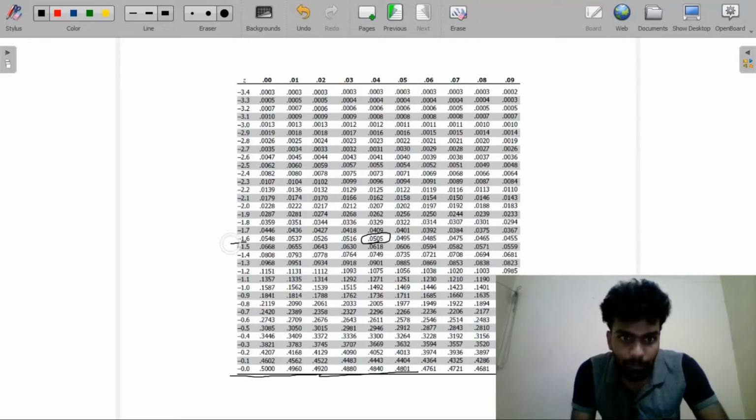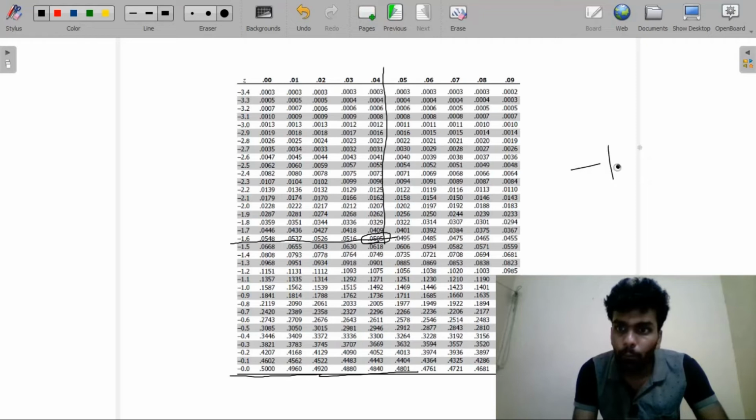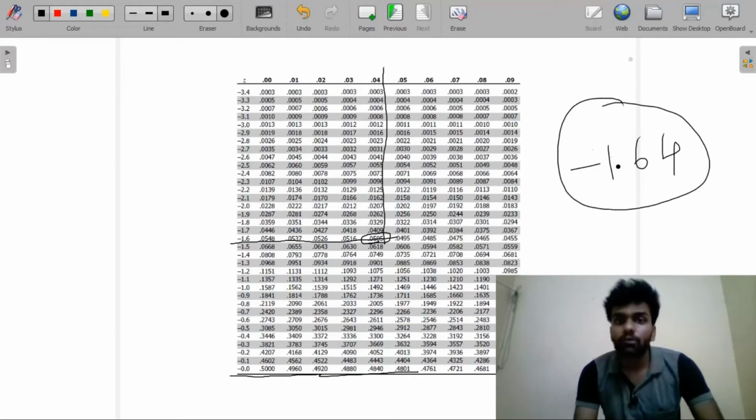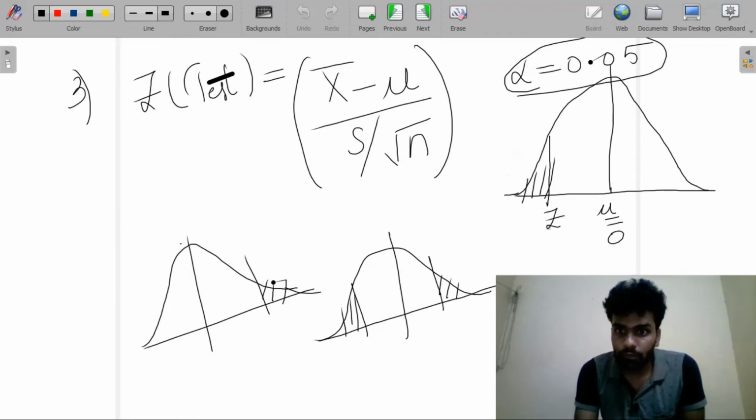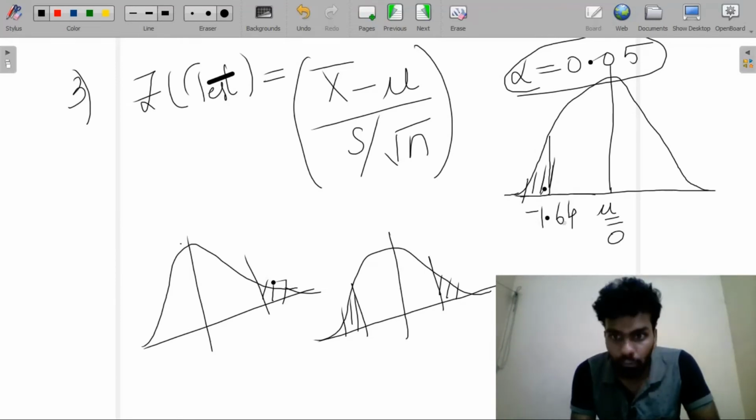You can see it is minus 1.6, and column wise it is 0.04. So for 0.05, the z value is minus 1.64. This is how you can find the z value. This is minus 1.64.